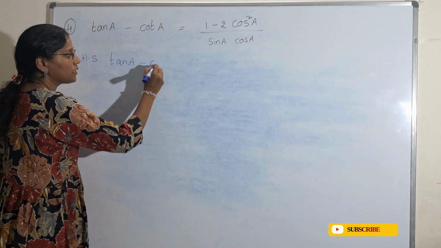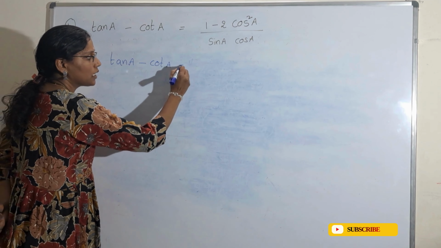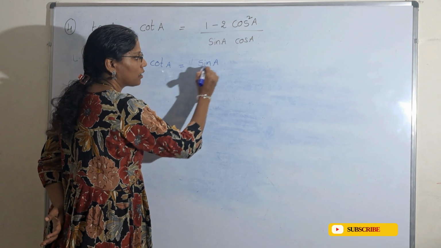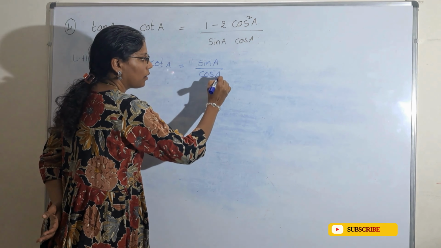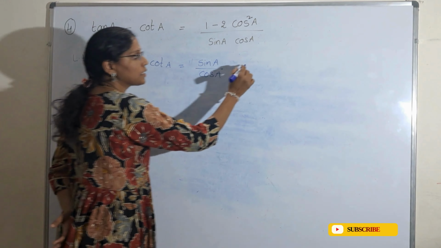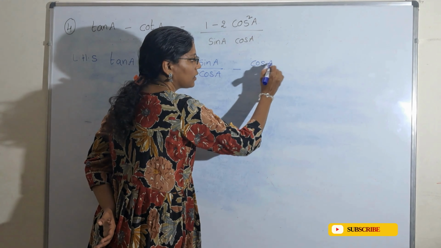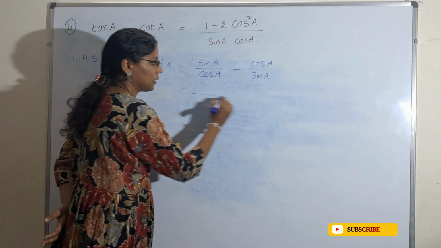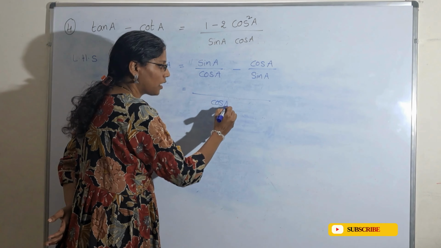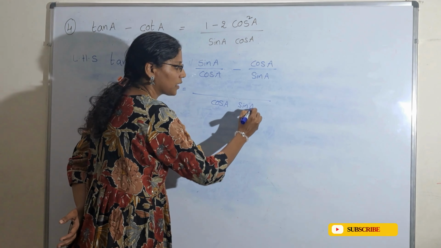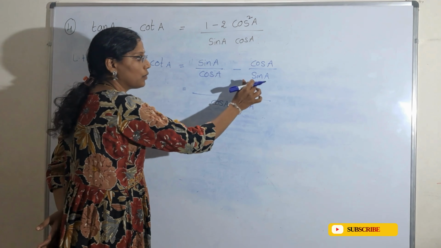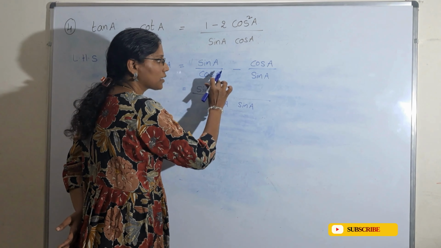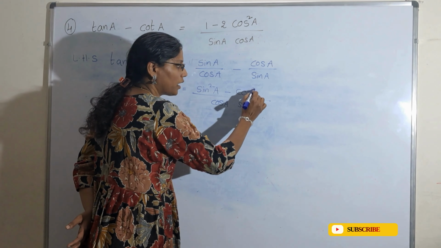Tan A minus cot A is equal to sin A by cos A minus cos A by sin A. You should take the LCM, cos A into sin A. Here cross multiplication: sin into sin, sin square A, minus cos into cos, cos square A.